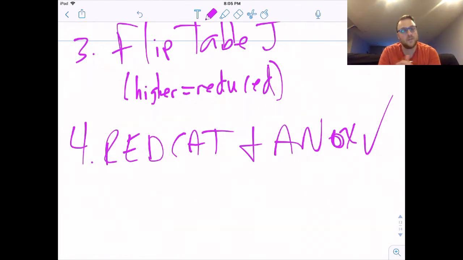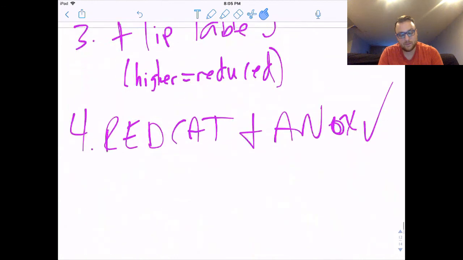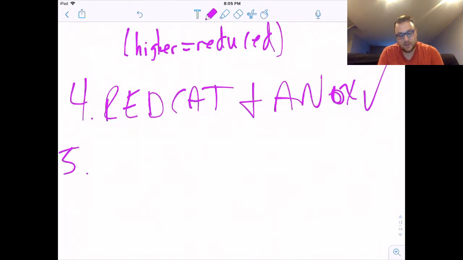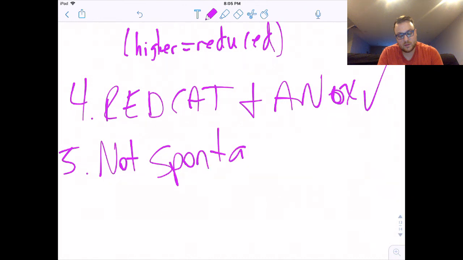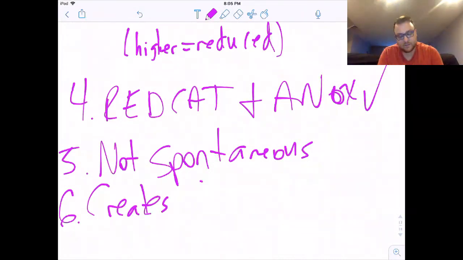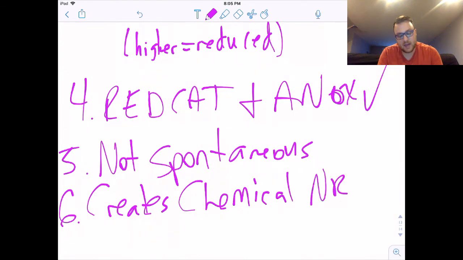And 6, it creates chemical energy. Aside from that, you're doing nothing different than you've done with the voltaic cell. All it's doing is flipping table J, making it a non-spontaneous chemical reaction that is creating chemical energy.